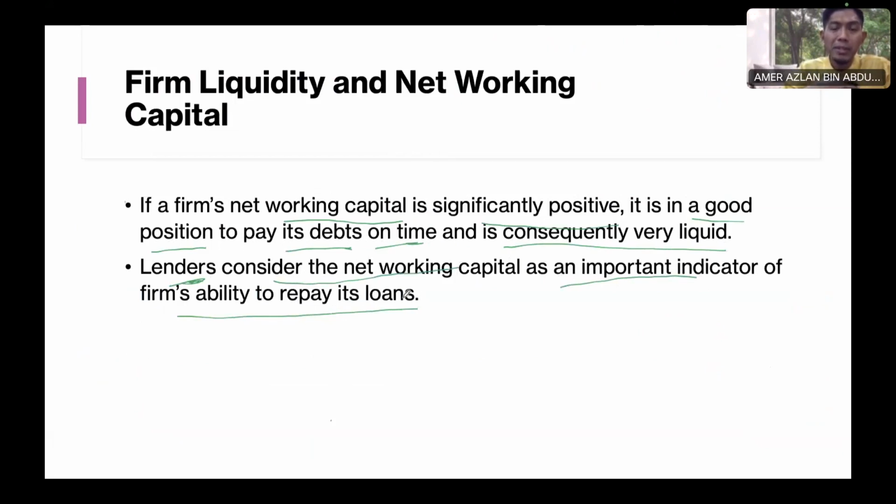So how do they do it? They will look at my company's net working capital. If it is very good, very high, that indicates my ability to pay back the loan to the bank. And this will give confidence to the lenders, right? If the net working capital is high.